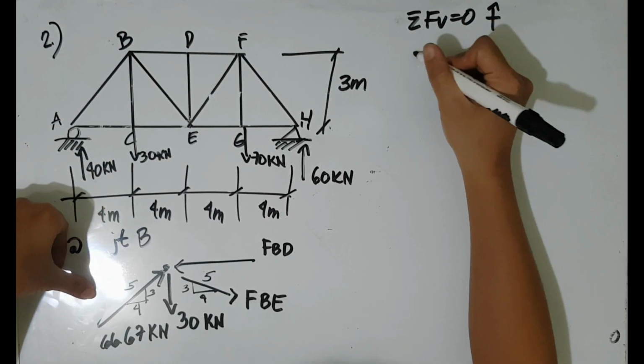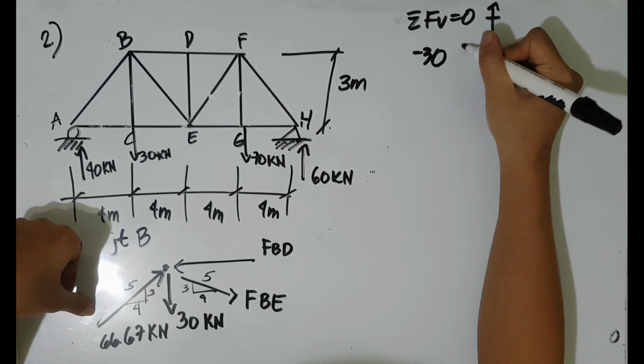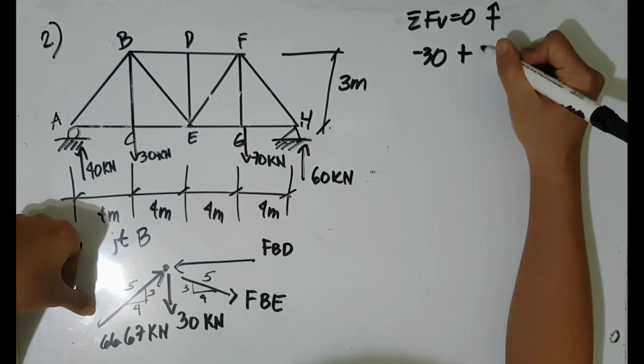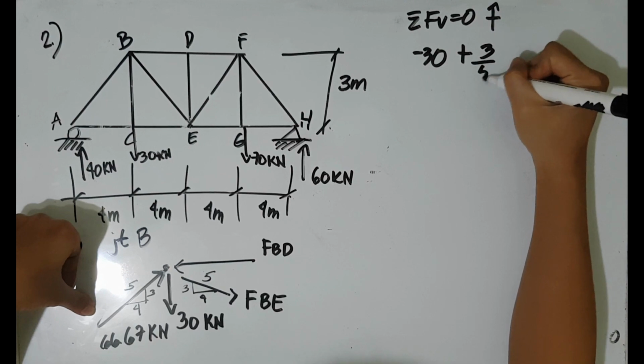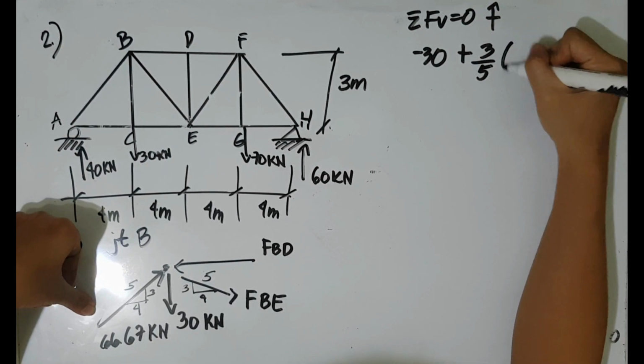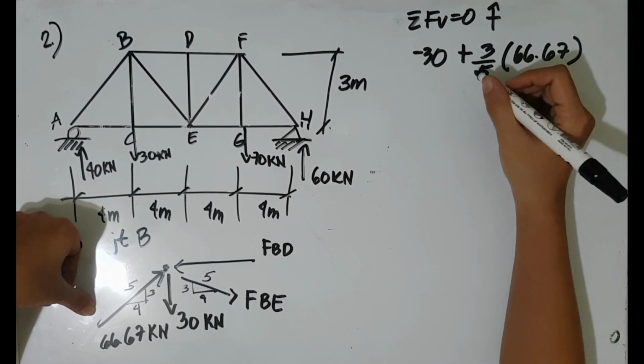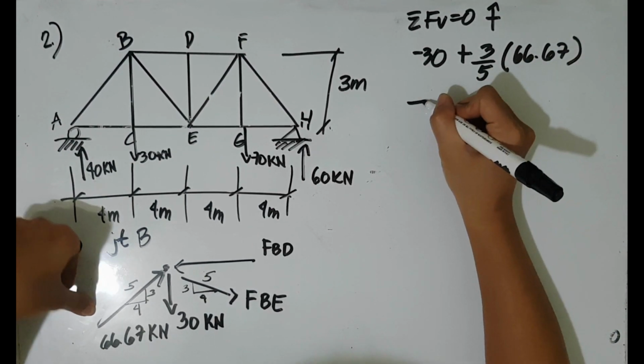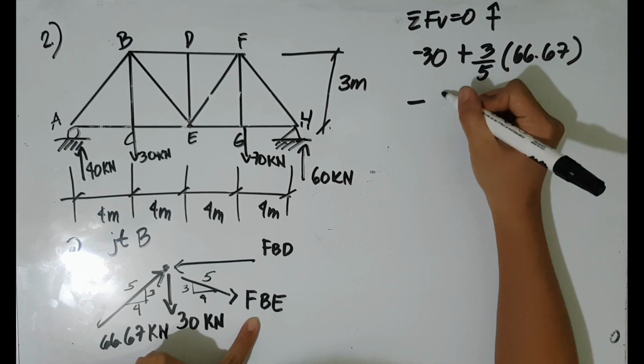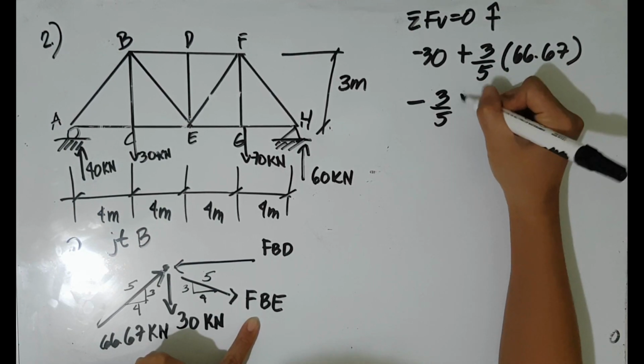So taking the summation of forces vertical equal to 0, upward positive, for BE, 3 over 5 of force BE is equal to 0.